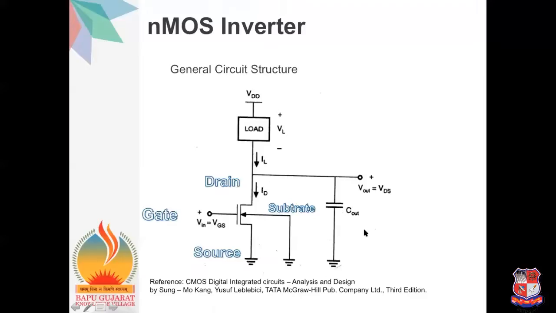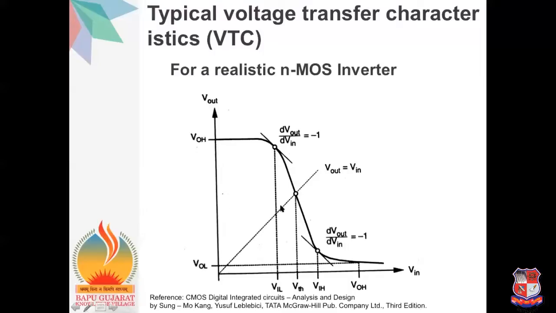In that case, the load current IL is always equal to the drain current ID. So the voltage transfer characteristics describe Vout as a function of Vin under DC conditions.